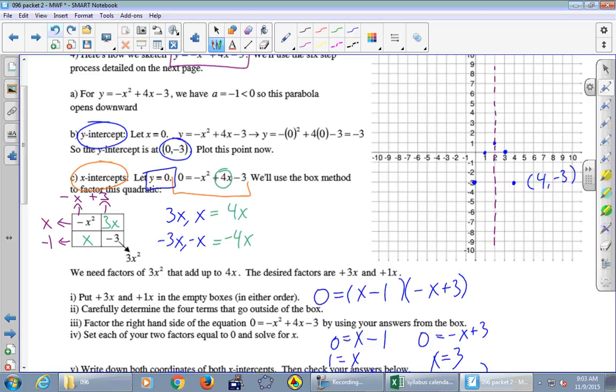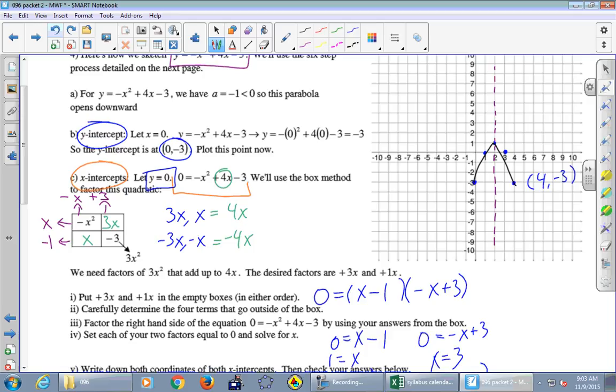Some people get really judgmental about how badly they draw parabolas. Don't worry about it. You are far more judgmental about that than I am. But there are 2 things that I will judge harshly in terms of taking points off on a test. Number 1, I do not want to see that. Parabolas are curvy and smooth, not jagged and cornered, okay? So don't do that.